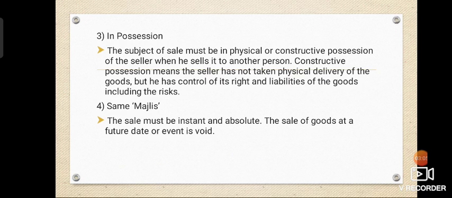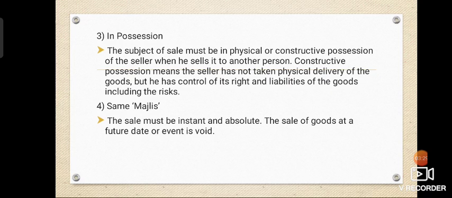Third is possession. Possession means the subject of sale must be in physical or constructive possession of the seller when he sells it to another person. Constructive possession means the seller has not taken physical delivery of the goods, but he has control of the rights and liabilities of the goods, including the risk.